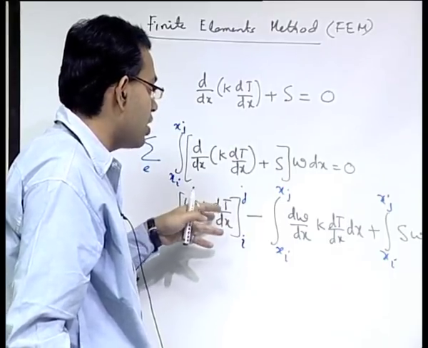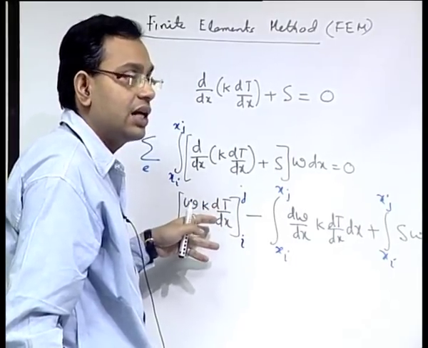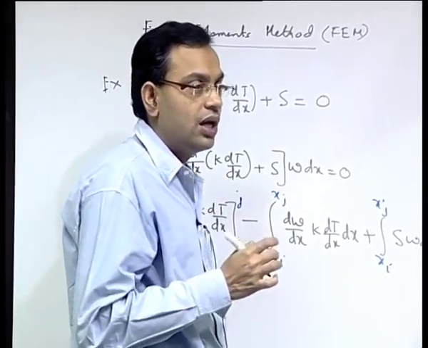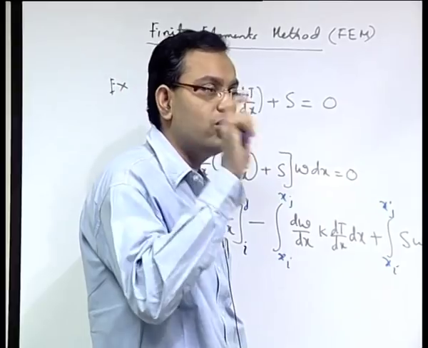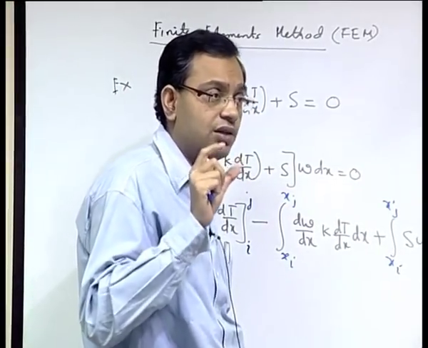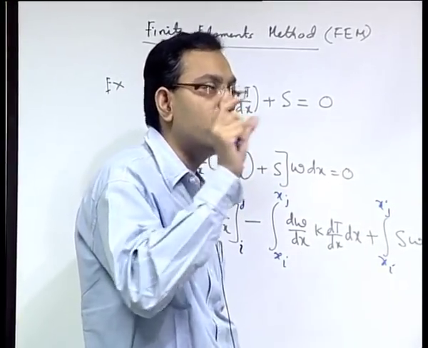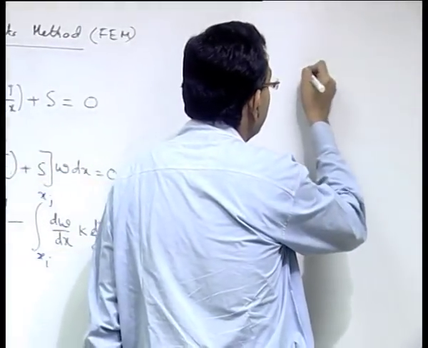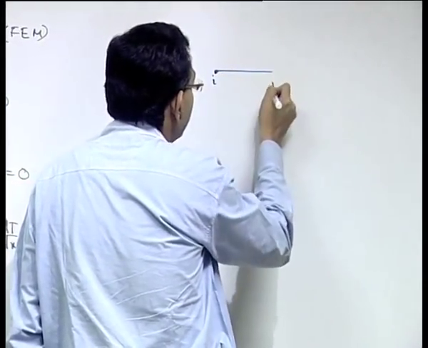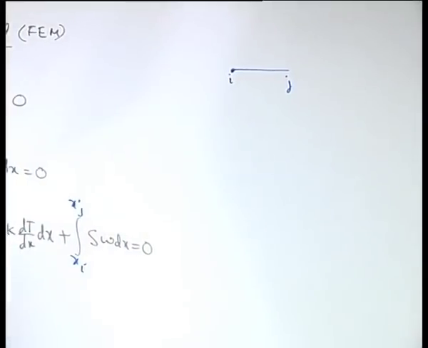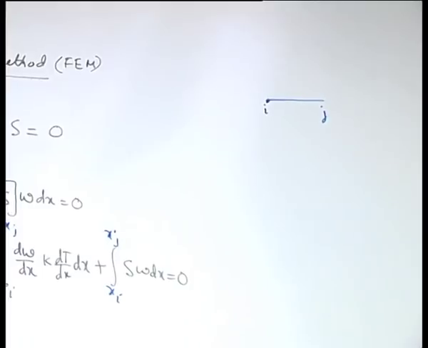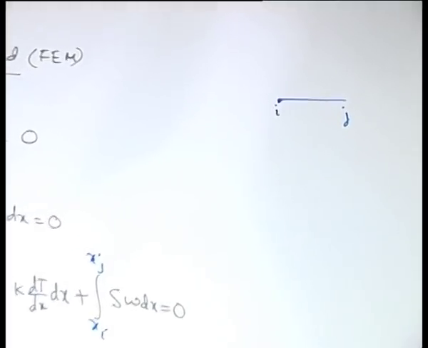So, the highest order derivative that you require is dT/dx. So, a linear function of T as a function of x will do, and a linear function will require two coefficients for its specification. So, if you have a two noded element which we sketched in our figure, with each element having nodes i and j, then that would be sufficient. But if that was not the case, then you would have required a higher order derivative to specify.